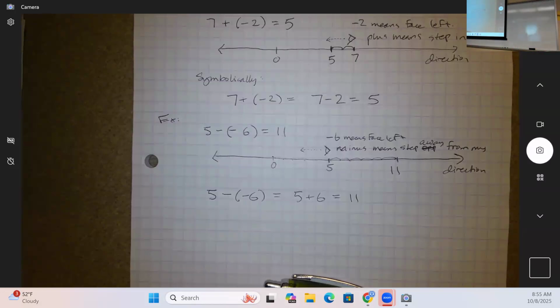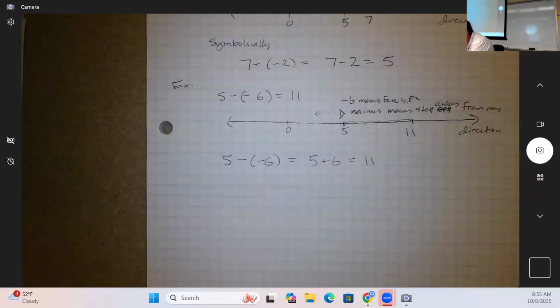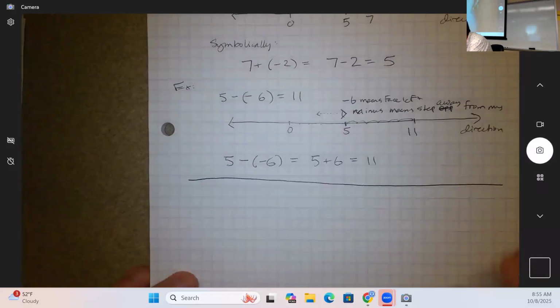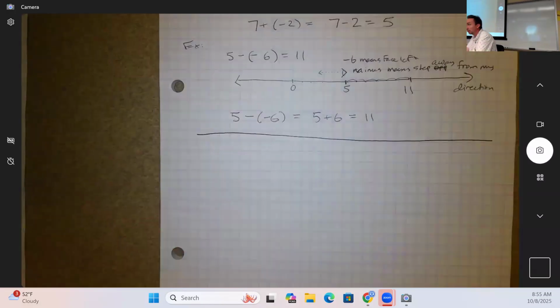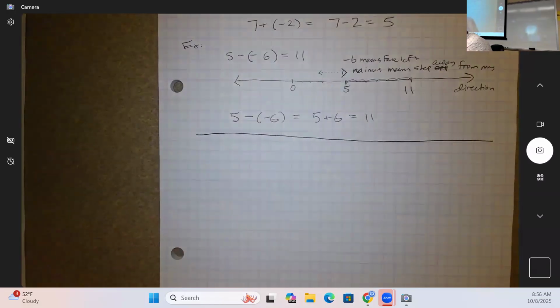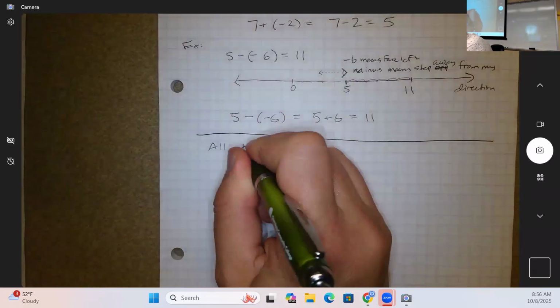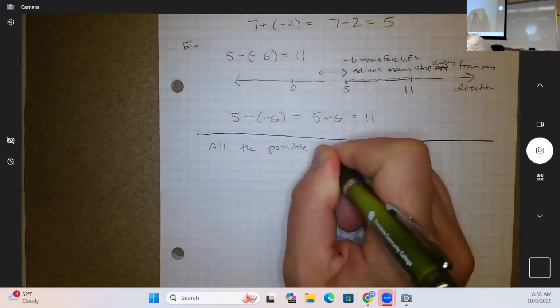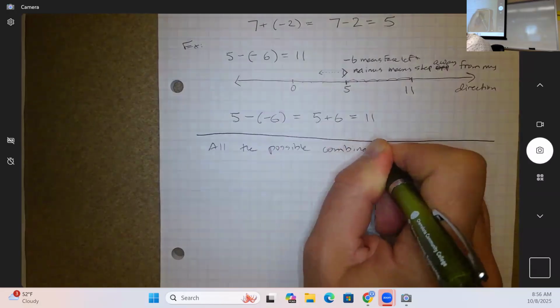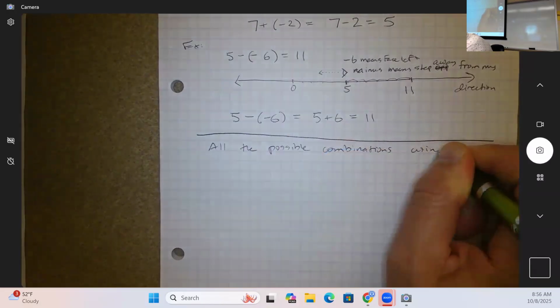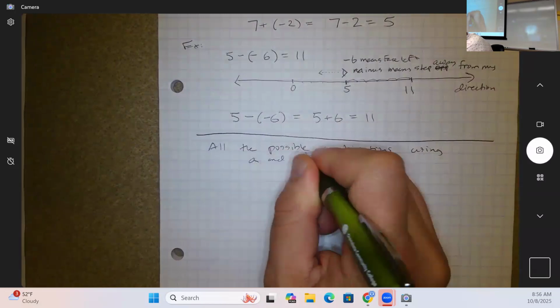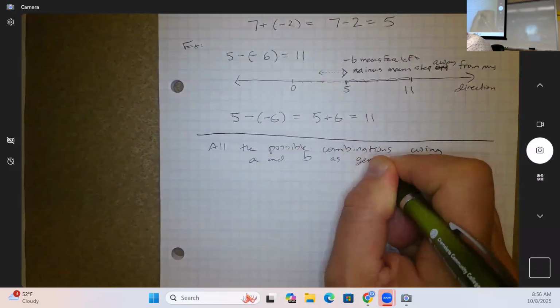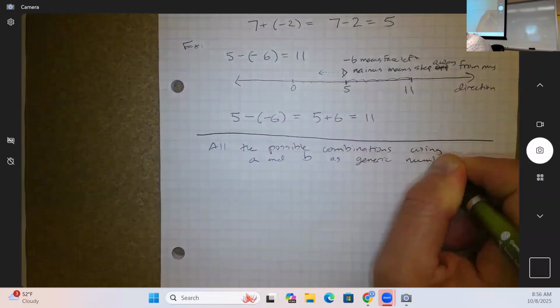The reason I'm talking through this, which I understand is a little bit more complicated, is as soon as we introduce negative numbers, we can do a lot of different sorts of addition and subtraction that look confusing. So here are all the possible combinations using A and B as generic numbers.